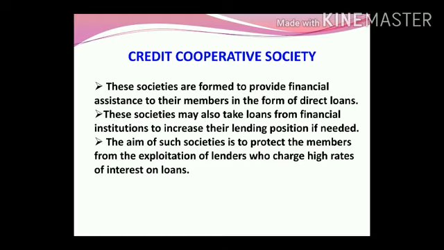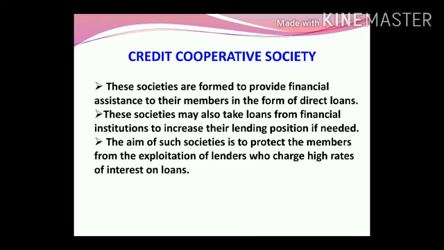And the aim of such societies is to protect the members from the exploitation of lenders who charge higher rates of interest on loans. From these features, we can understand credit cooperative societies accept deposits from the members and grant them loans at a reasonable rate of interest.